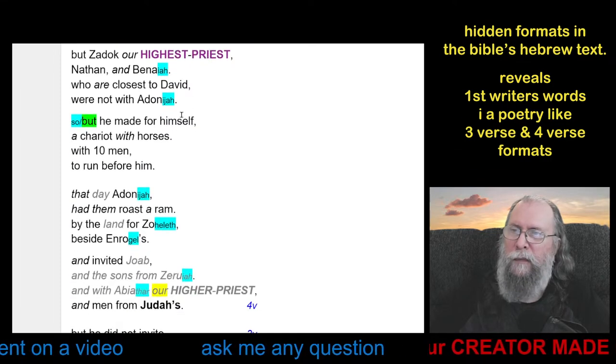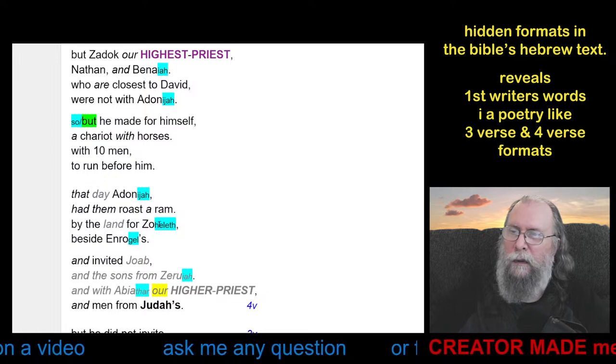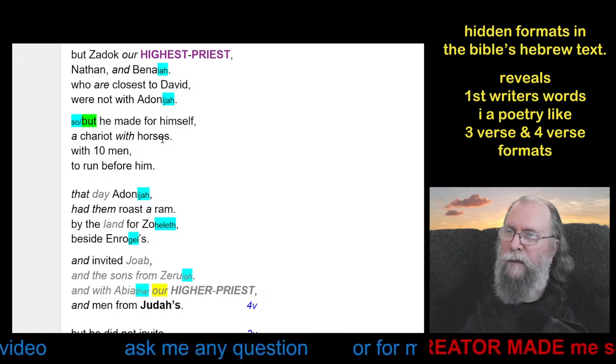Again, changing names here. These are David's sons.